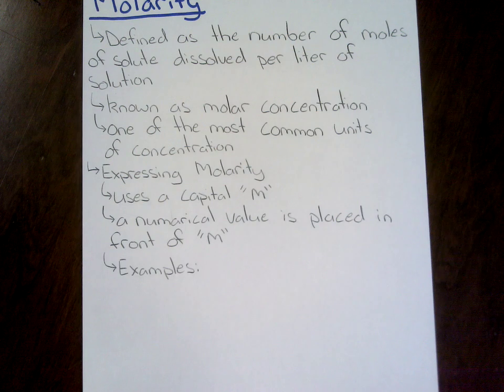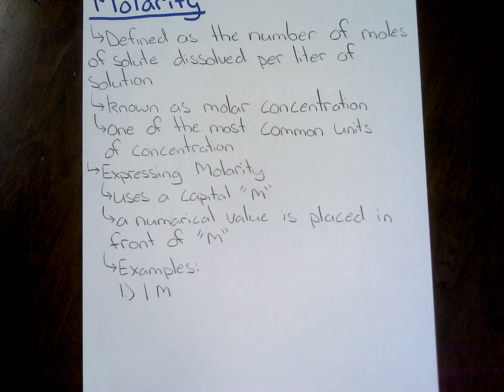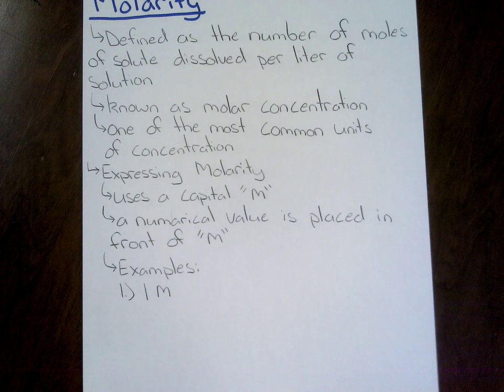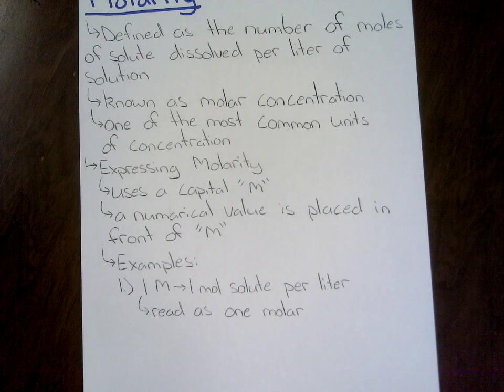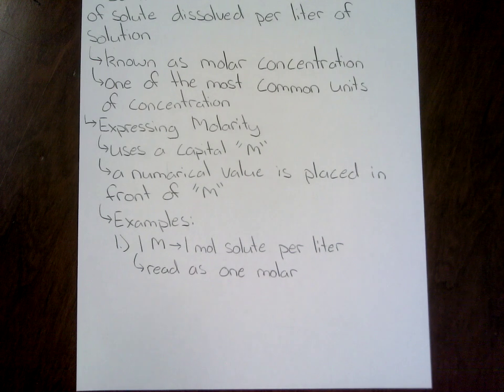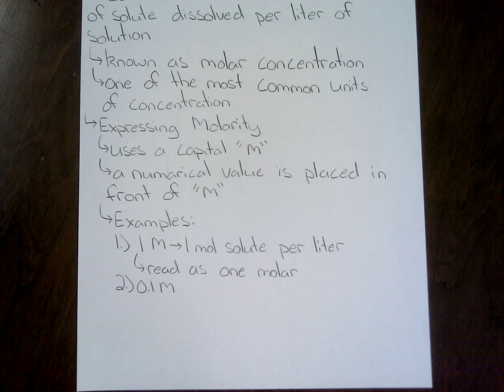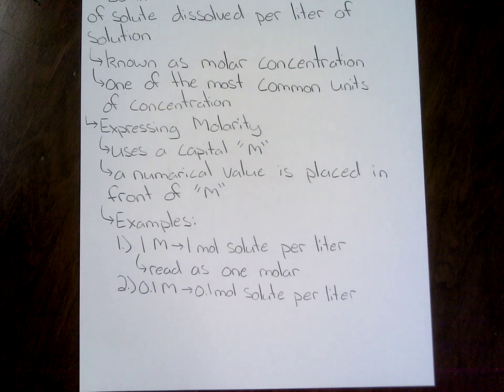So, number one, if we have a 1M solution, 1M means that we have 1 mole of solute per liter. A 1M solution would be read as 1 molar. Another example would be a 0.1M solution. In this solution, there would be 0.1 mole of solute per liter, and this solution would be read as 0.1 molar.